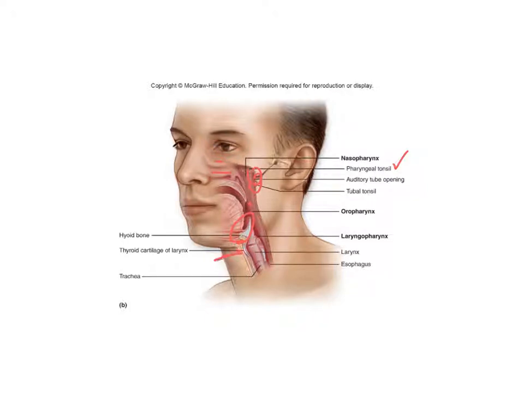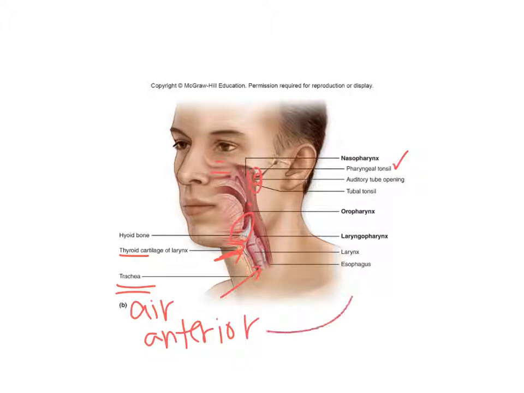The front cartilage of the larynx is called the thyroid cartilage. Remember the trachea is the tube for the air, and it's anterior to the esophagus, which is the tube for food. So we're going to enter into the larynx. That's where we're going next.